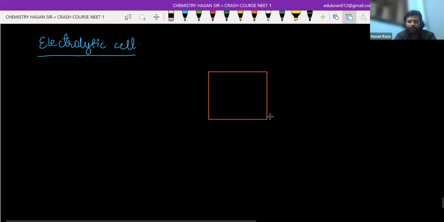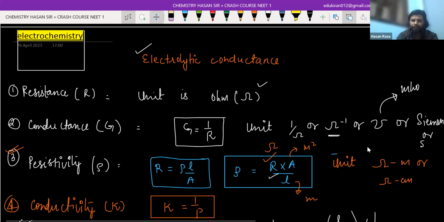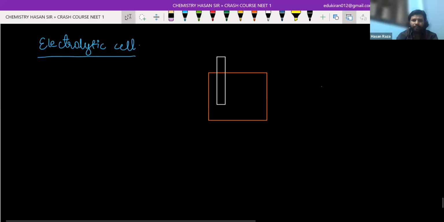Okay. The next topic is the electrolytic cell. There is a container in which two electrodes are there.